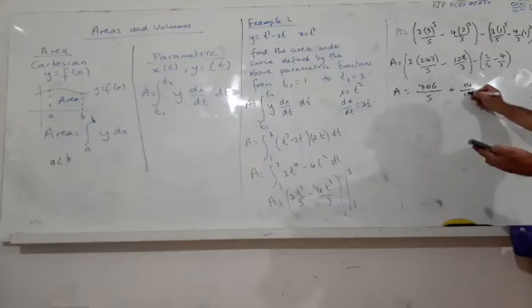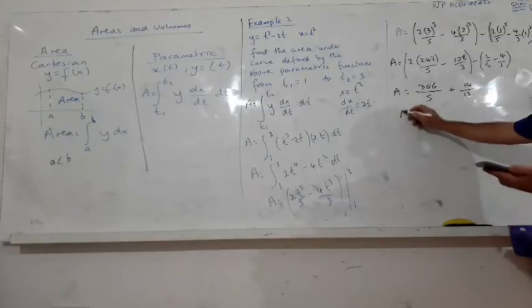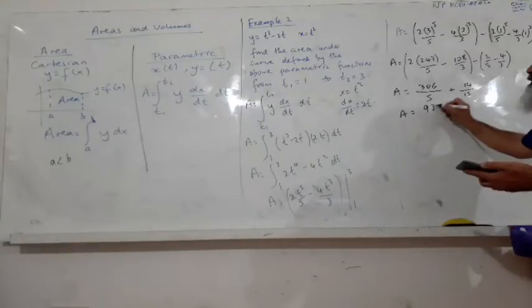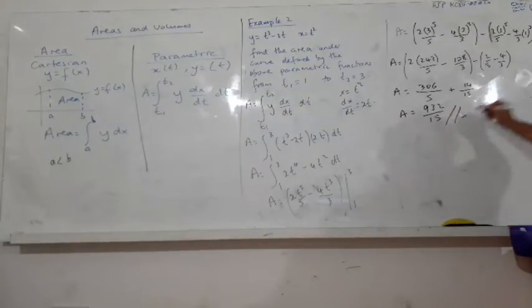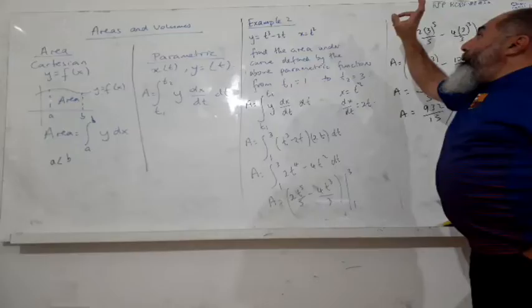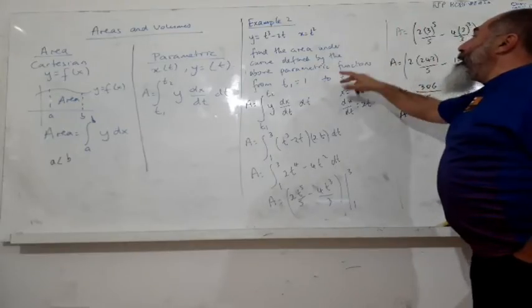So the answer is 932 over 15. Yes, this is an example for the area under the curve of a parametric function, parametric equation. Now, volumes.